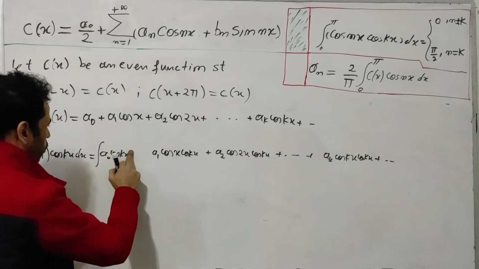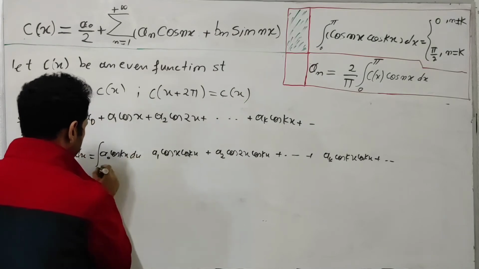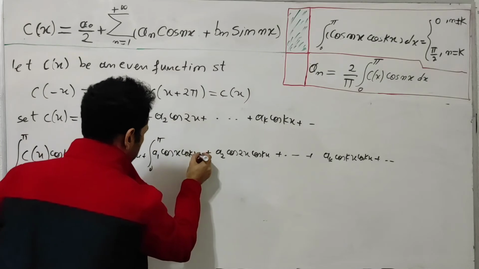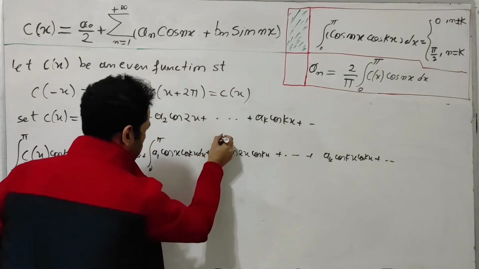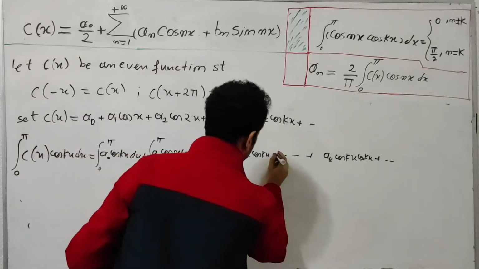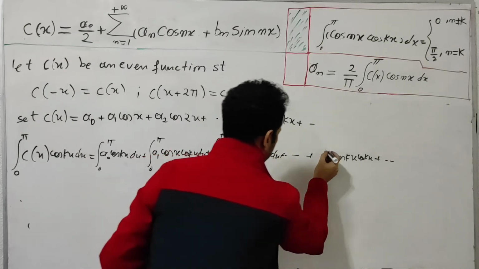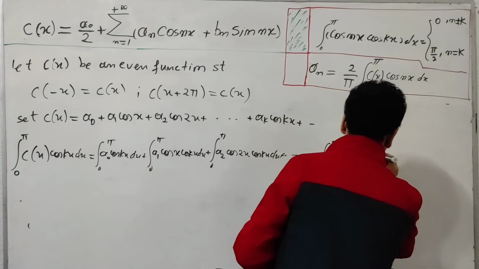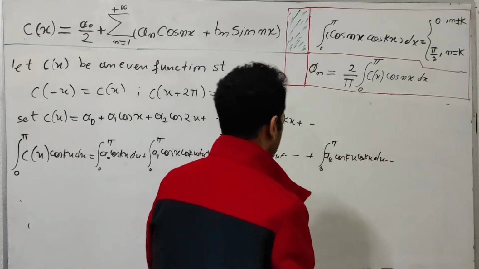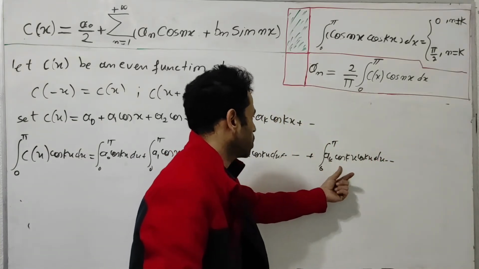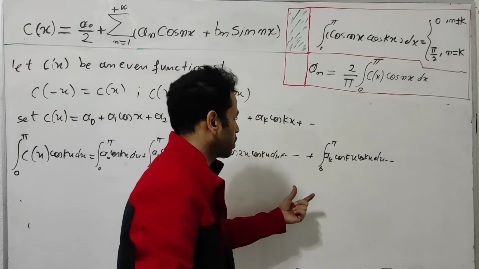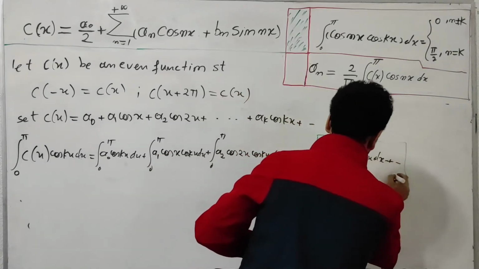It will be the same thing for each term, and the last one the same, as x goes from 0 to pi: the integral of the product of cosine kx and cosine kx. I'm going to highlight this one.